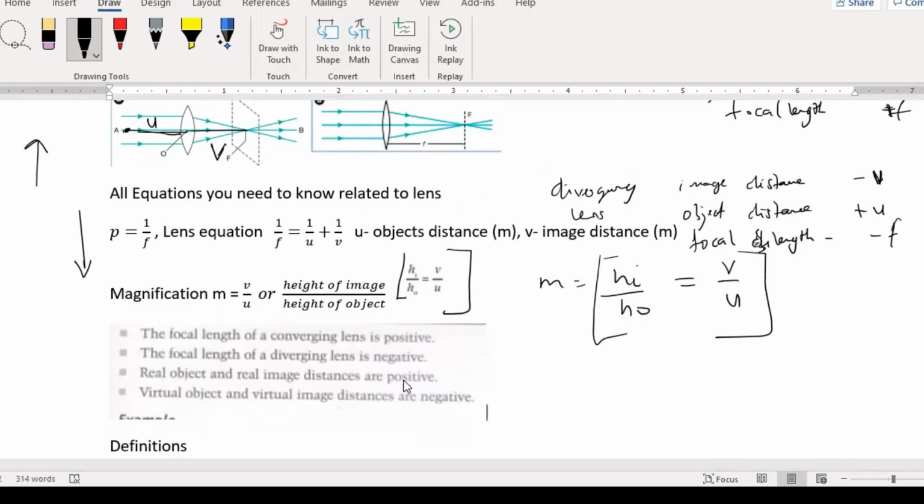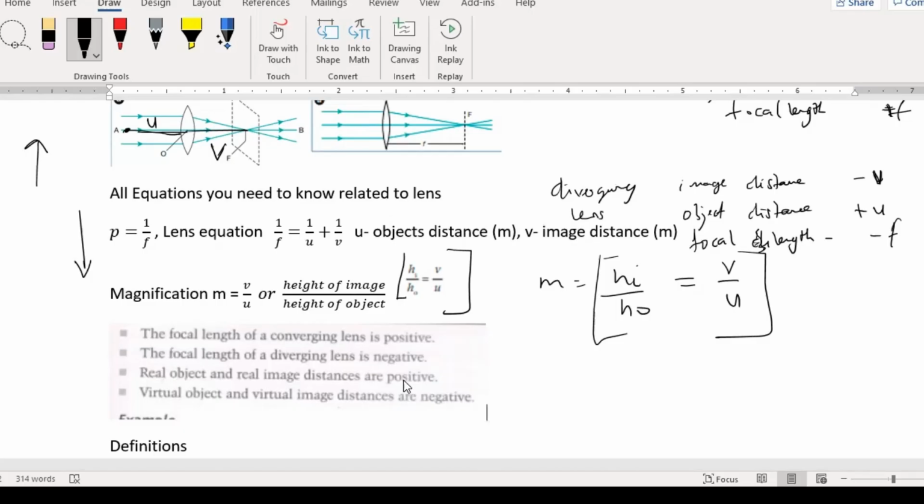When it comes to the focal length, yes, for the converging lens, that will always be positive. For the diverging lens, it's going to be negative. Whenever we have real objects and real images, yes, those are considered to be positive values. But whenever we have virtual objects and virtual images, those distances are considered to be negative.